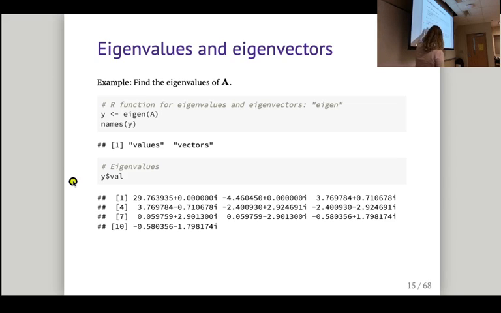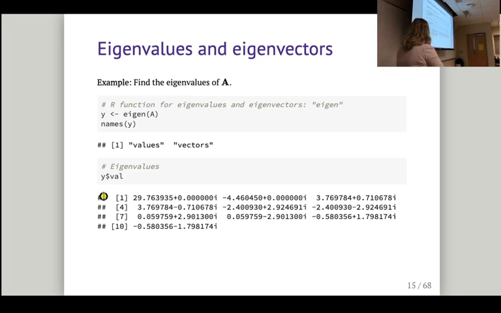This is an incomplete specification, so instead of writing the full word values, I've written VAL. R will look through that list of objects in any R object and try to find ones where it matches. So VAL is enough to call values. VA would be enough to call values. V would not, because there's values and vectors.